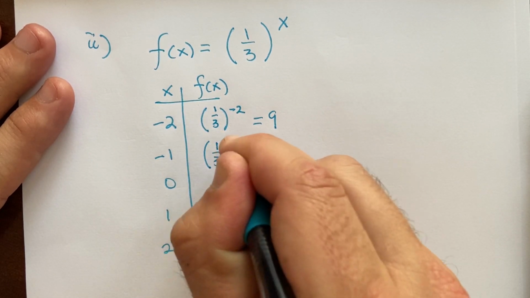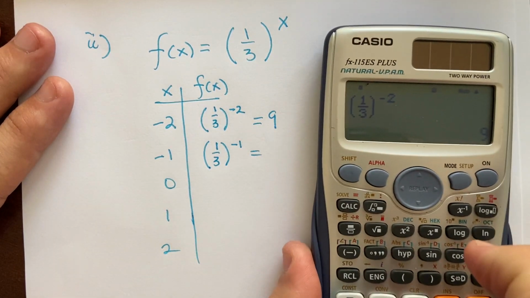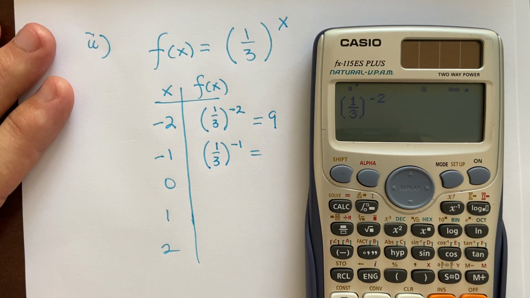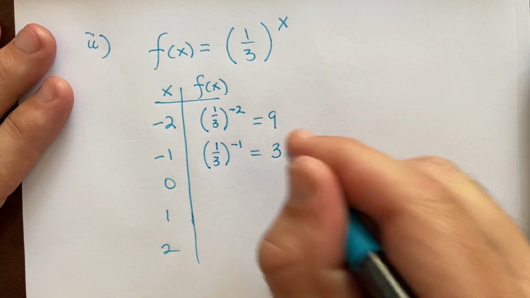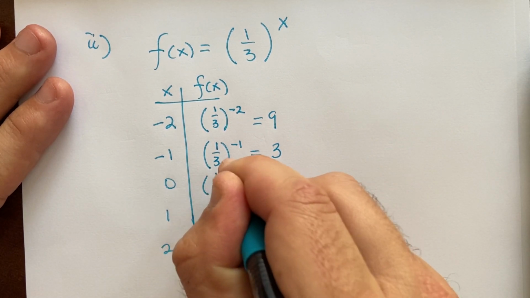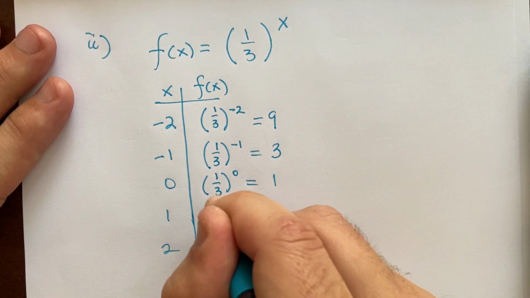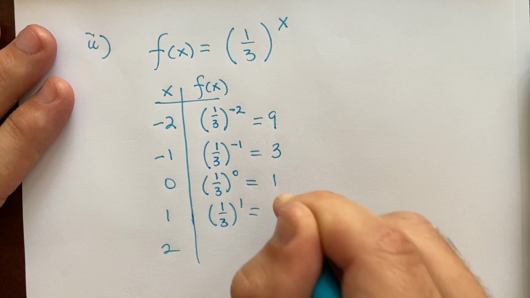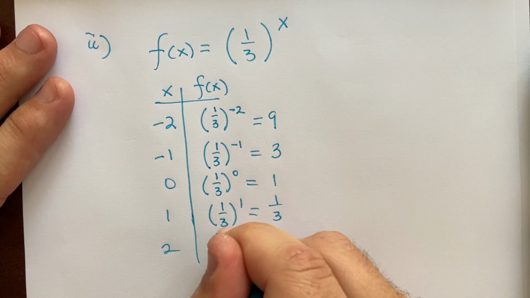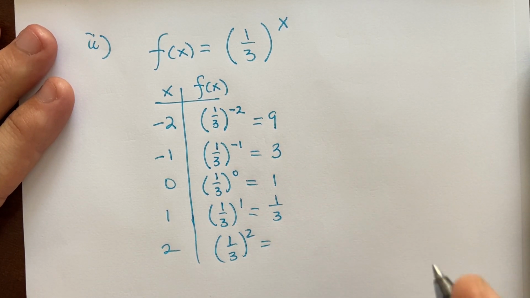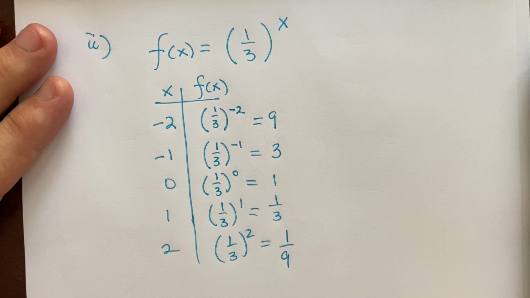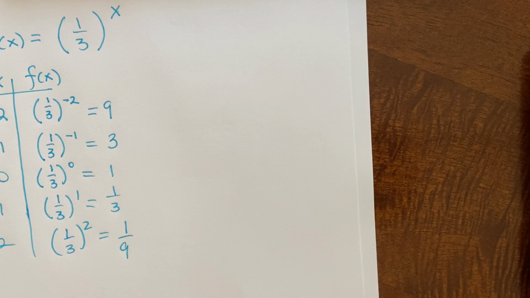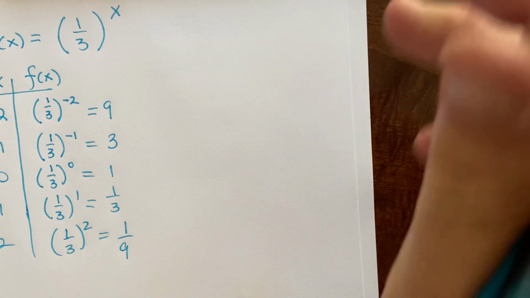Then 1/3 raised to the -1. Change this -2 to -1. It equals, this should say 3 on it. 1/3 to the 0 is 1. 1/3 to the first is 1/3. 1/3 squared is 1/9. So now I'll take these values and I'll plot those on the graph.